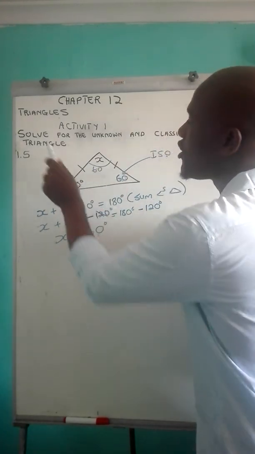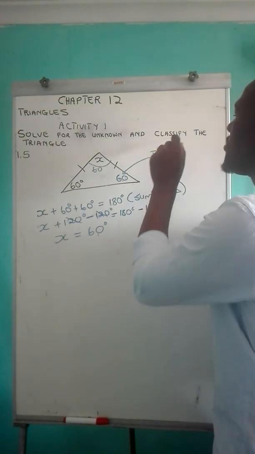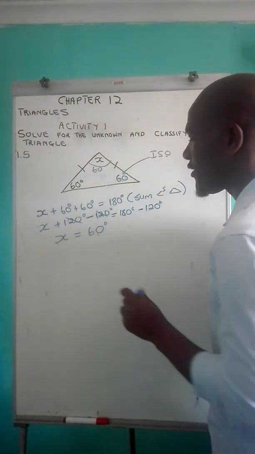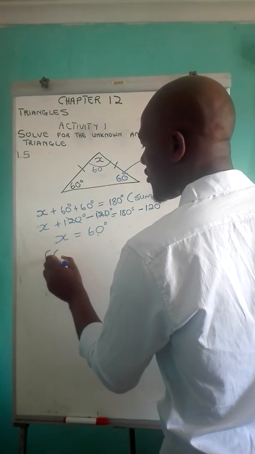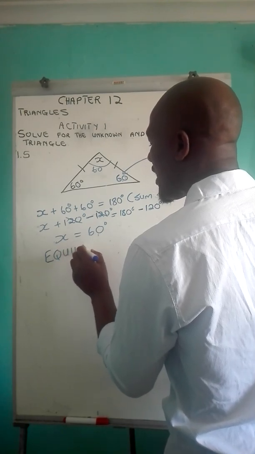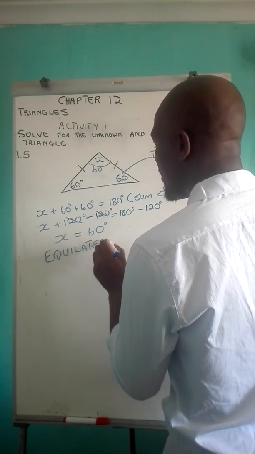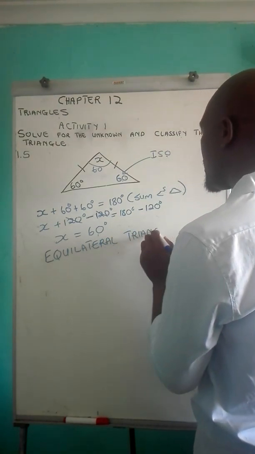Very important: solve the unknown first and substitute your unknown. You will be able to classify the triangle. Okay, it's an equilateral triangle because all angles are equal.